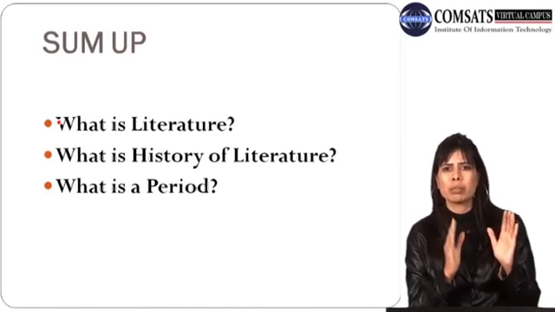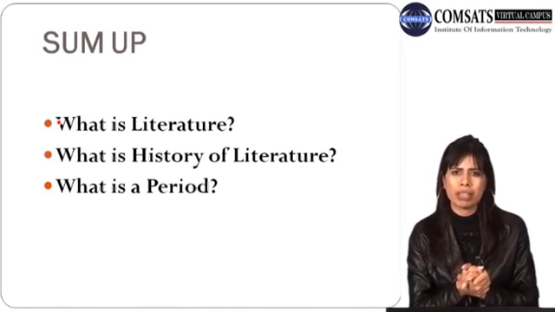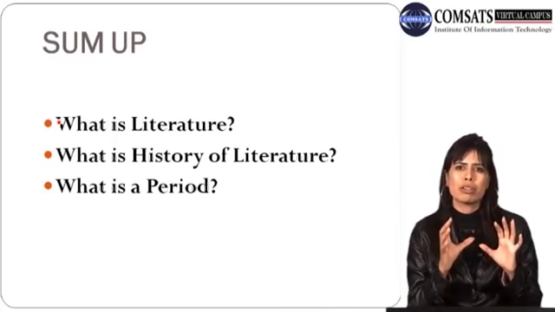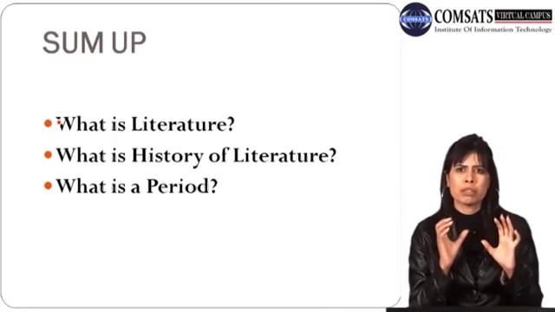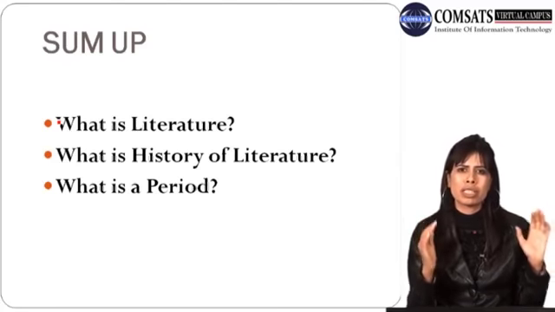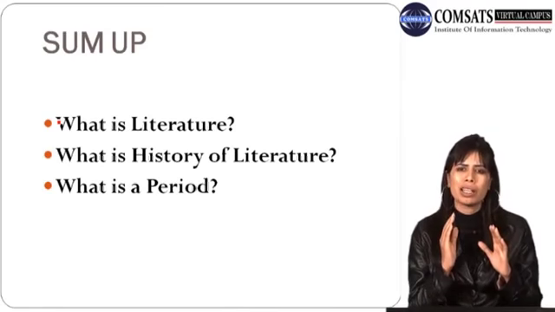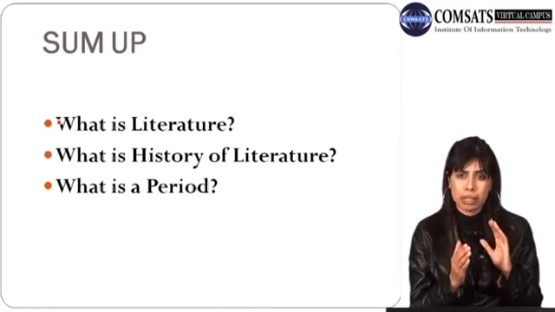So my dear students, by keeping in view the historical development of English literature, we'll have a look at this subject from multiple perspectives, okay? From a sociological perspective, religious, political, economical, and psychological perspectives as well.